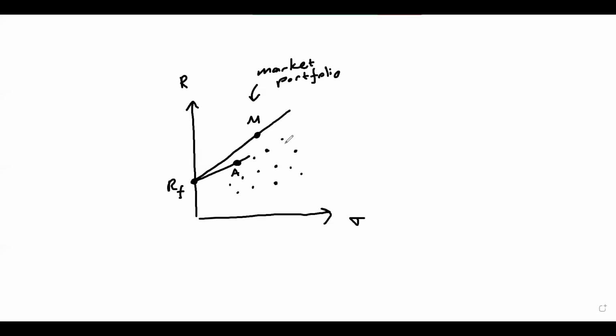So all the points you see over here will be in the market portfolio, and it's value-weighted. Now, this line is a capital allocation line, okay? And I can draw many of them. But there is one unique capital market line, which is the line that connects the risk-free rate to the market portfolio. So that is the distinction between CAL and CML.